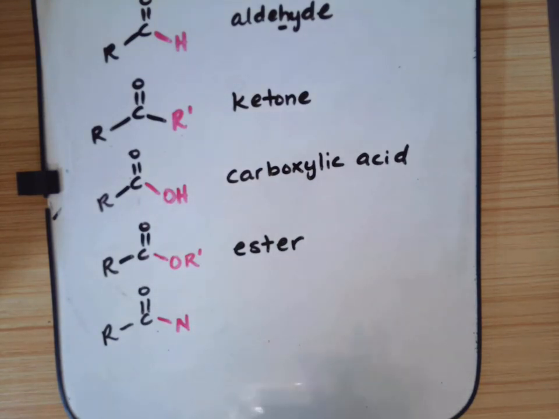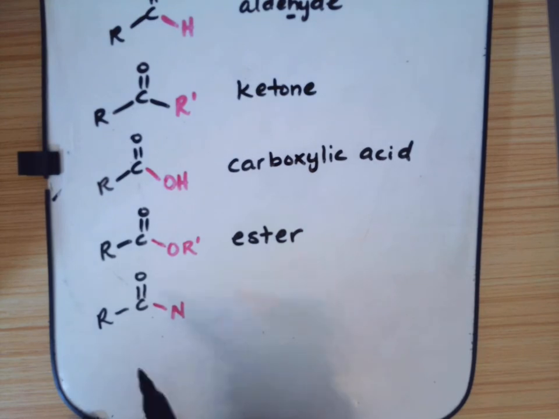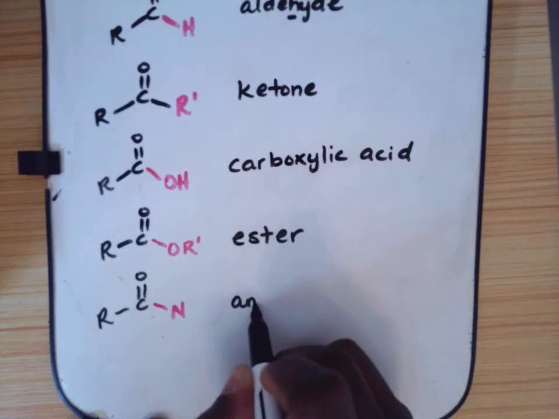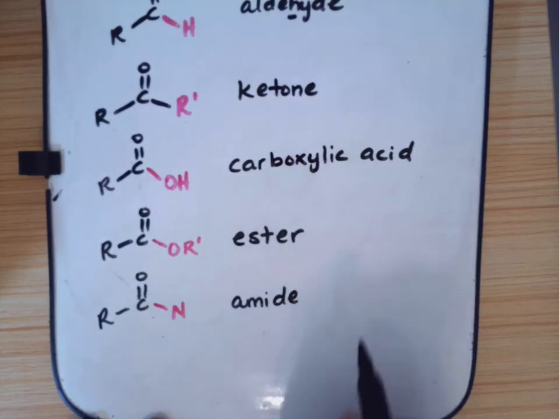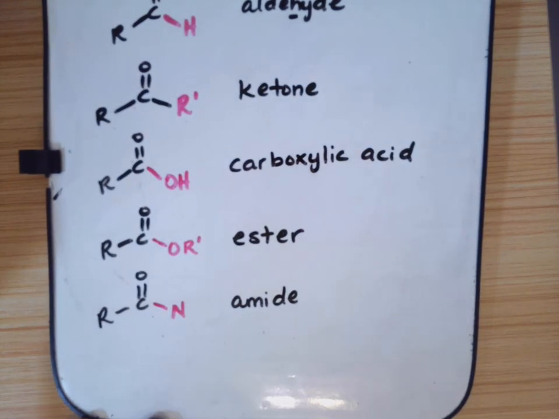The same thing applies with this. We can have 2 carbon atoms, we can have 1 carbon and 1 hydrogen, or we can have 2 hydrogen. But what identifies this next group, which is known as an amide, is when you have the nitrogen directly bonded to the carbon of a carbonyl.